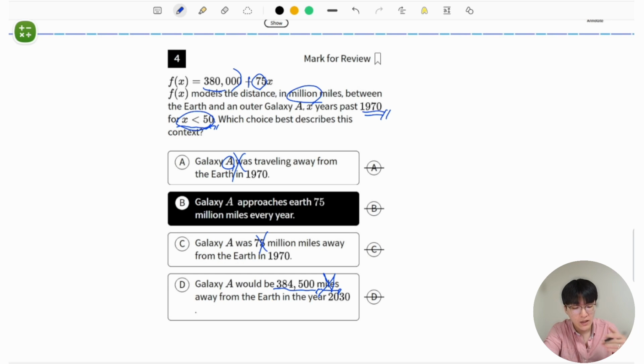And if we add 1970 to 50, that's 2020. And so after 2020, we don't know if the model works or if it doesn't work. So either way, that does not work, making our answer choice B. Galaxy A approaches Earth 75 million miles per year. It's getting closer every year by 75 million miles. That becomes the answer choice.